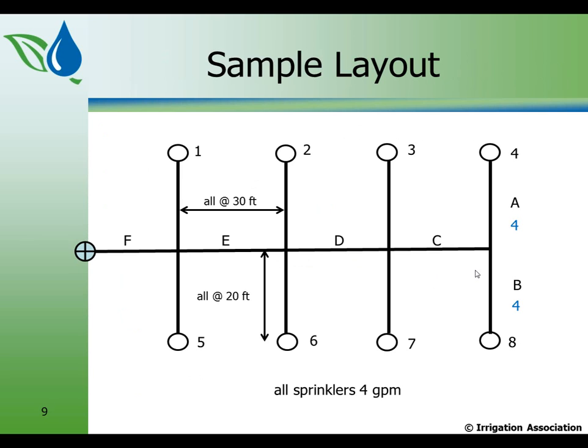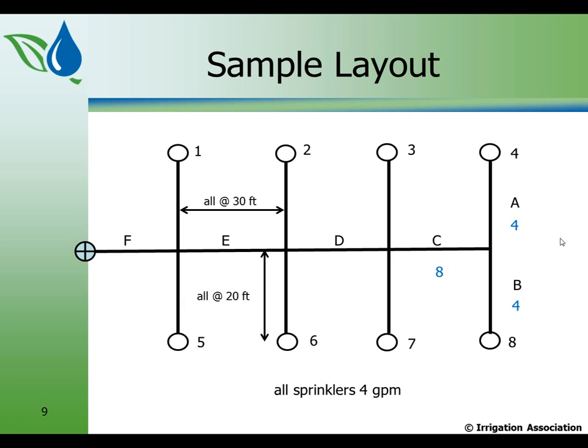The same in B. And if you think about it, you see where my arrow is on the cursor here. This leg here going to 7 and 3, the one to 2, 6, 5 and 1. Those are all identical to A and B in terms of flow through the pipe. They may not be identical in terms of inlet pressure, but they'll be very close.